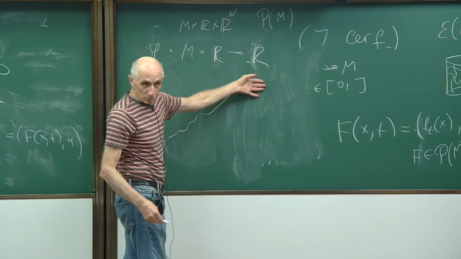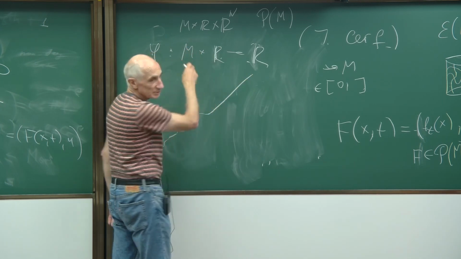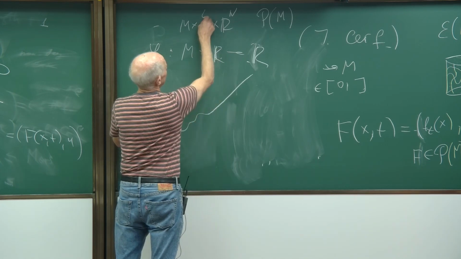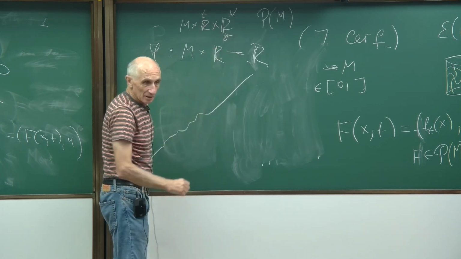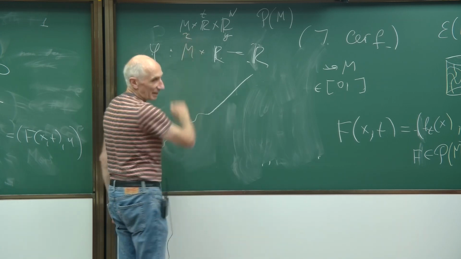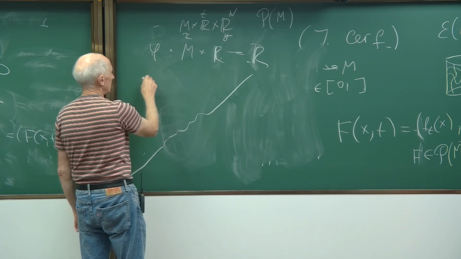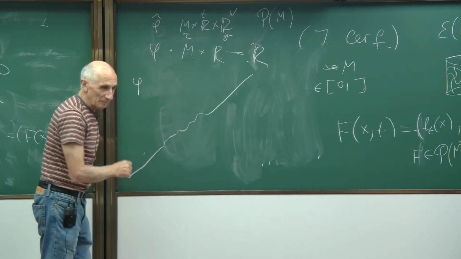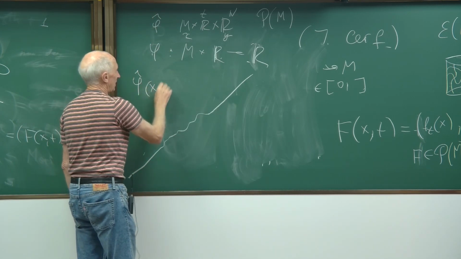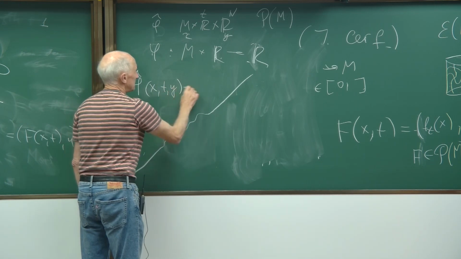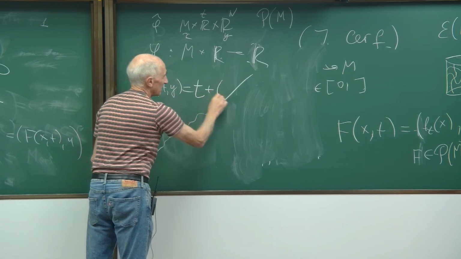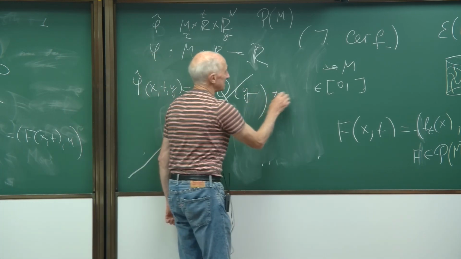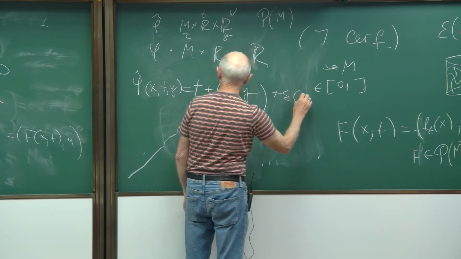I want my stabilized function to have the following form: f of x, t, y is equal to t plus a quadratic form of y, plus something again with compact support.